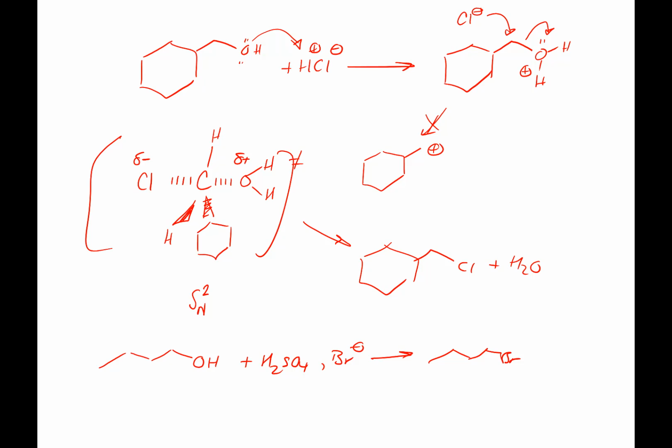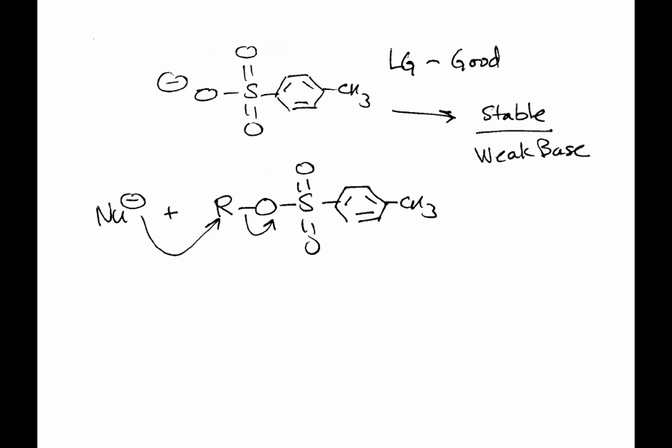So the one with rearrangement: would the primary carbocation form and then switch over to be a secondary? No. No primary carbocations. So if I asked you to do this reaction with rearrangement, we would have to do this.